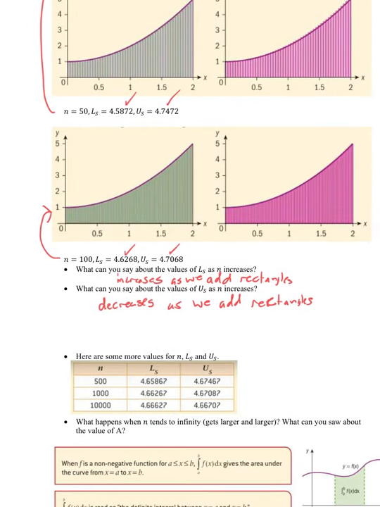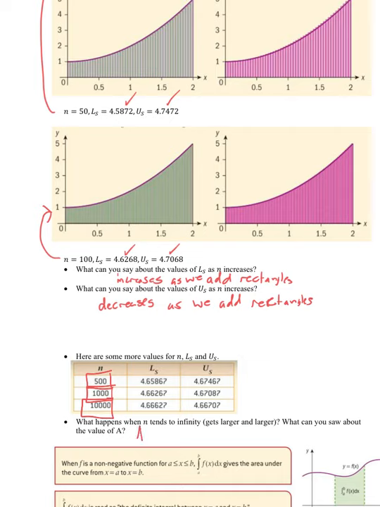And then here are just some values of the lower bound and upper bound. We can see what happens if we had 500 rectangles, 1,000 rectangles, 10,000 rectangles. You could do this over and over again. So as n tends to infinity, as we go to an infinite number of rectangles, what can we say about the value of the area?